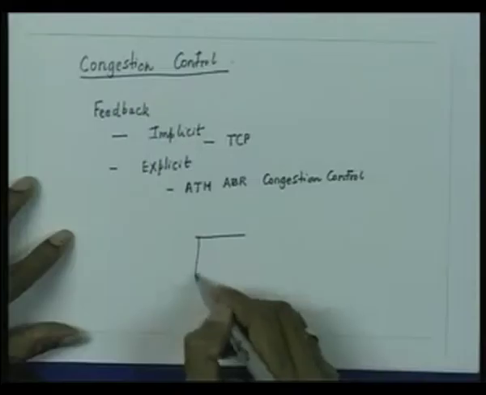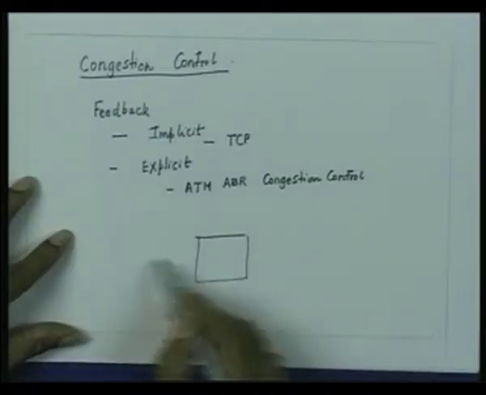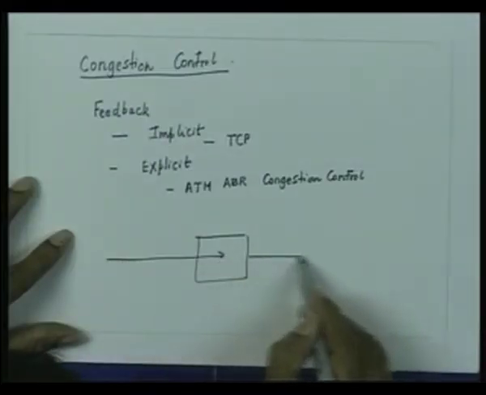Now the ABR's congestion control mechanism basically uses an EFCI bit. When the ATM cells pass through a switch, and if a particular switch, let us say, is congested, the scenario is something like this: you may have a node in between here, and your ATM cells are passing like this.